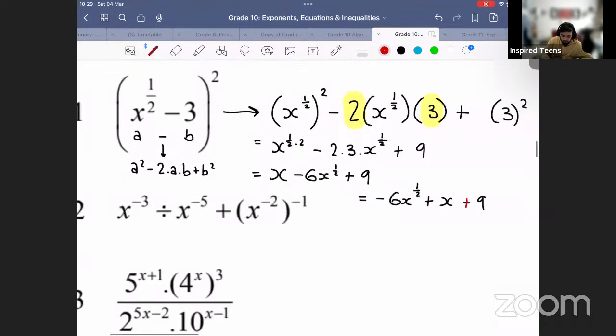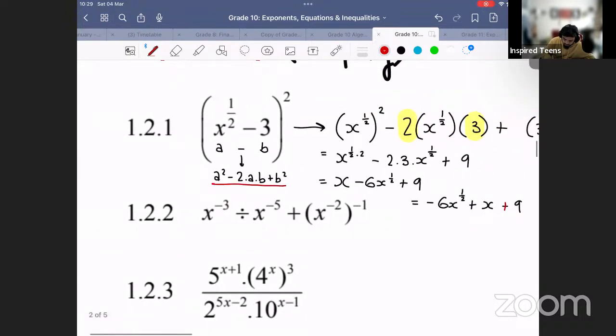The 2 is from the shortcut. So in the shortcut, you have to say minus 2 times a times b.